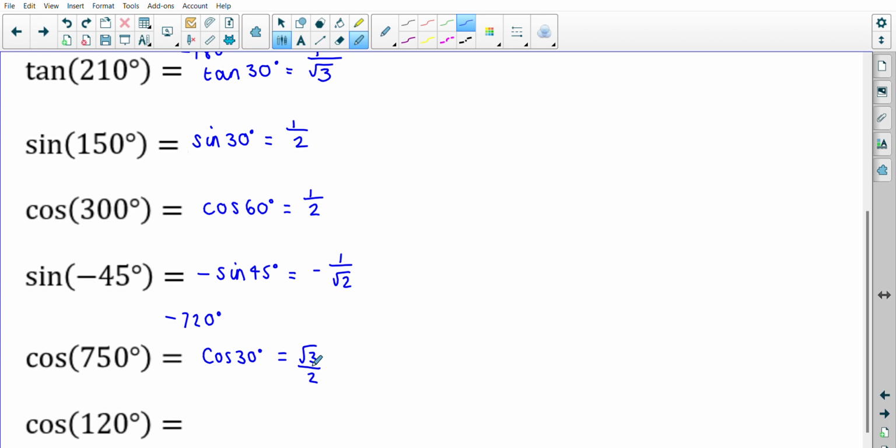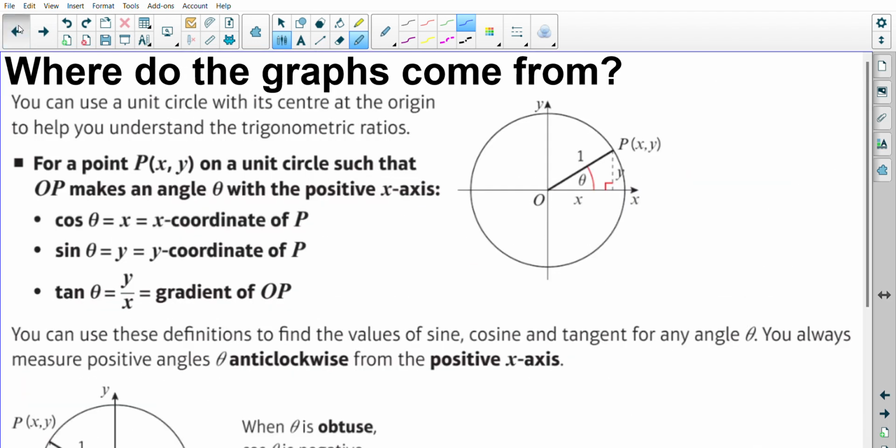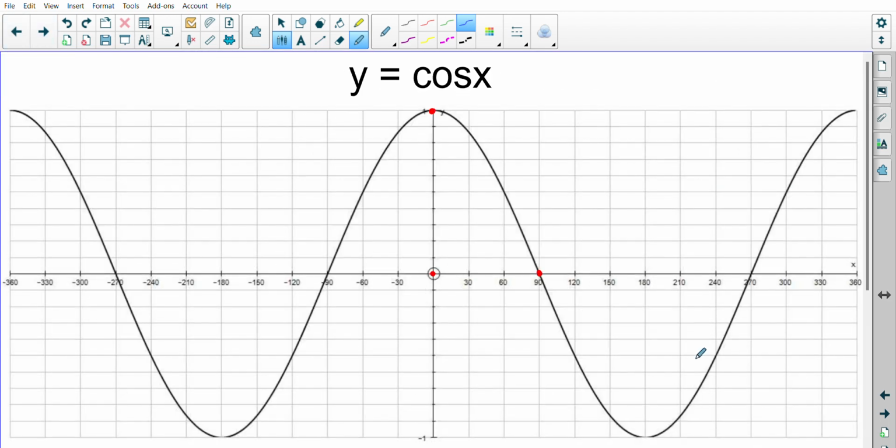If I do the last one, cos 120 degrees, I know that I could find another angle by doing 360 minus 120, but I'm not going to get one of the angles I need. So I think I'm going to use the graph again. So cos 120 degrees is here.